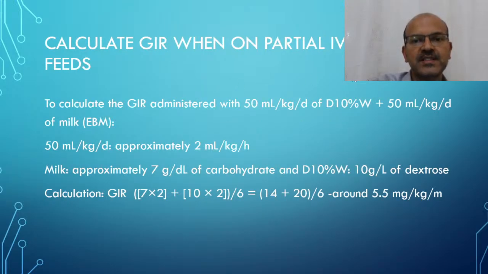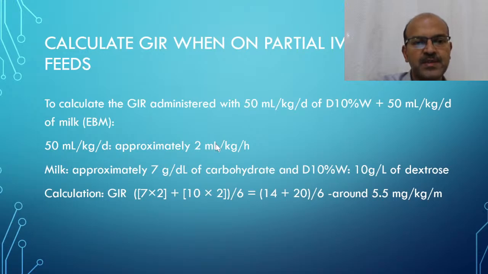So when you're on partial IV and partial feeds, it's not that difficult. Remember that if a baby is on 50 ml per kilo of dextrose 10% and 50 ml per kilo of EBM, 50 ml per kilo per day is approximately 2 ml per kilo per hour, and the milk has 7 grams per deciliter approximately, and dextrose has 10 grams. So to calculate it, you just do the proportionate calculation.